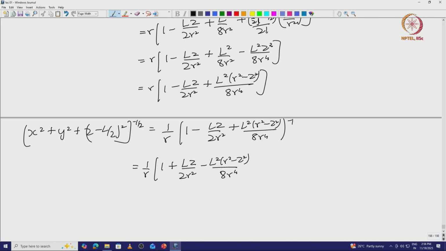And for the last term, 1 by (1 − x) equal to 1 + x + x² by 2 factorial: (Lz by 2r²) the whole square into half.